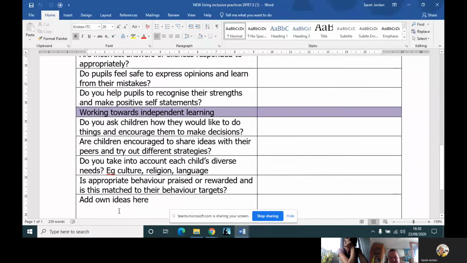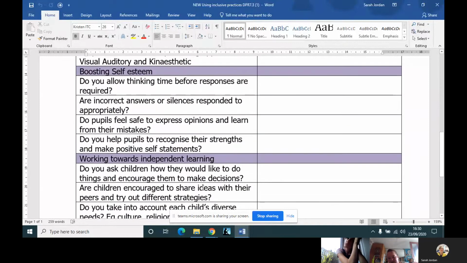Making sure that we use the different strategies for the EAL children and other SEN children within the class. So if that's in a diary entry of a lesson, can I use that for that practical, if I put the practical by it? Yeah, definitely. So let me just explain that.